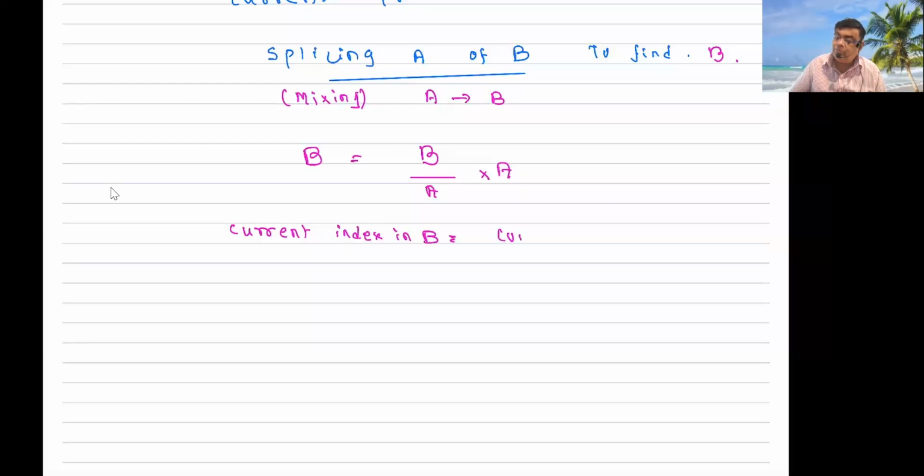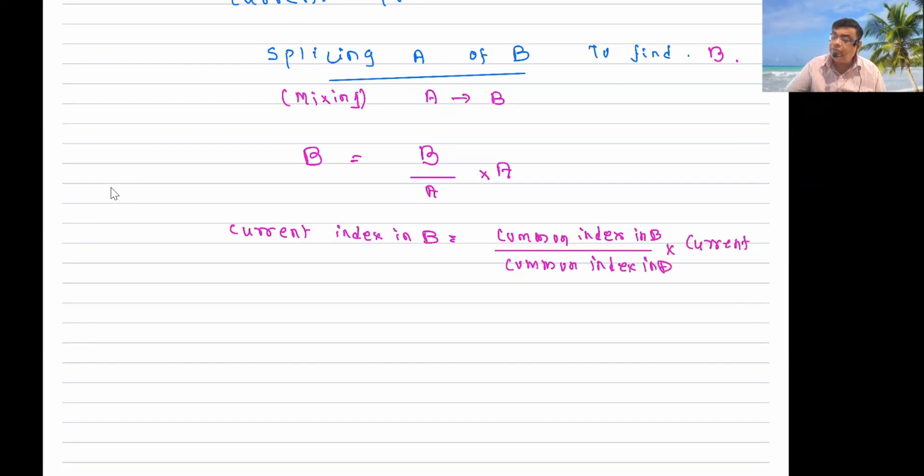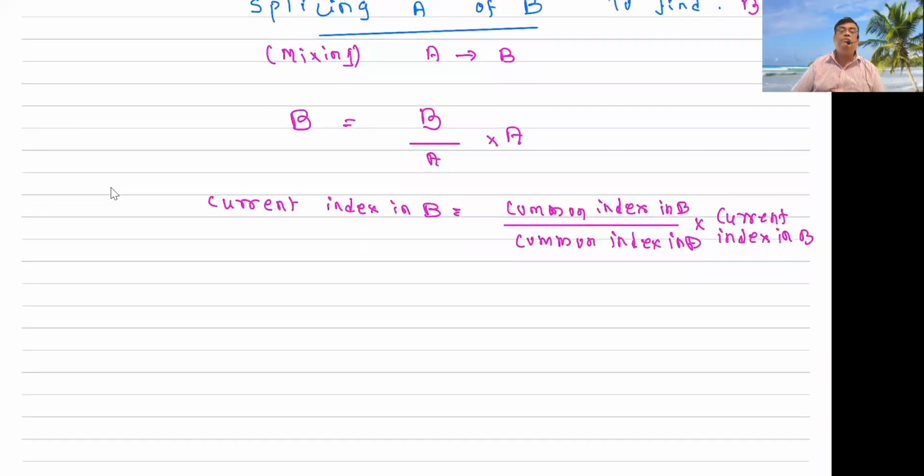Here both will be common. Common index in B over common index in A. Now both of these are common, so current index in B. Understand this well and then write. Here I have written current and here I have written common.